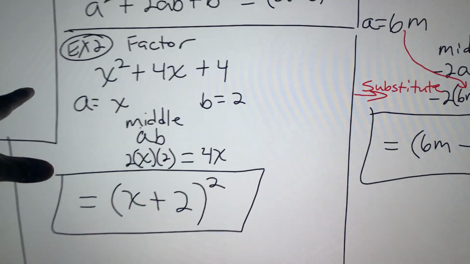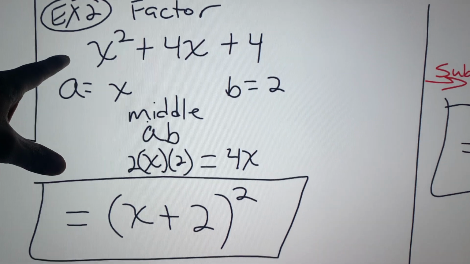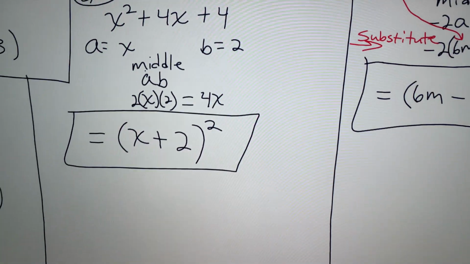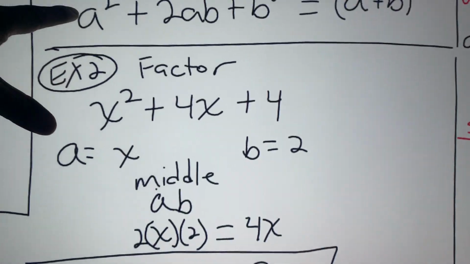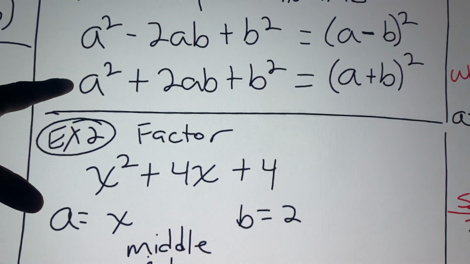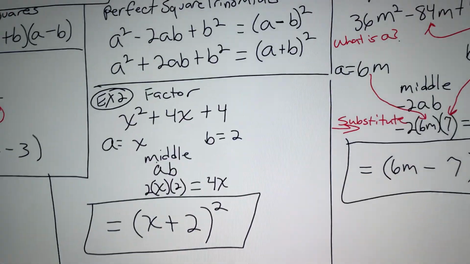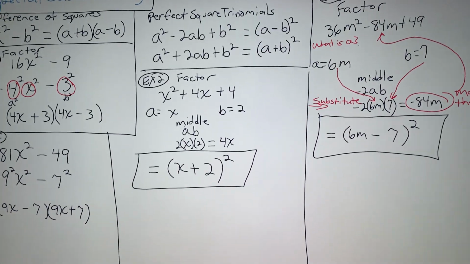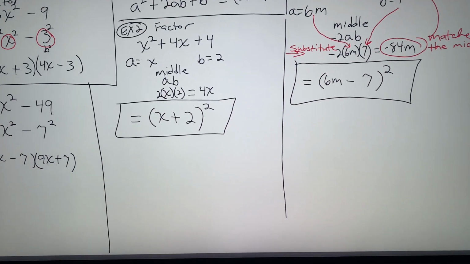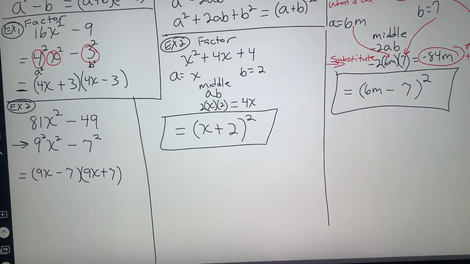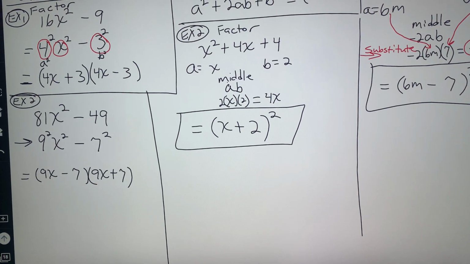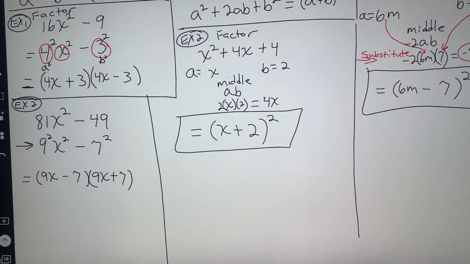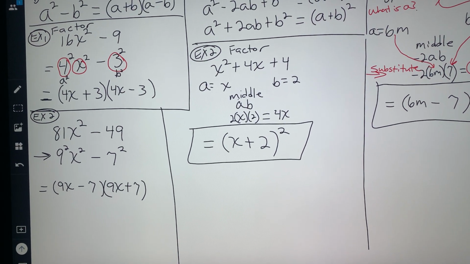So now the example that we were given is x squared plus 4x plus 4, which is going to be more like this second part here. And we use that rule to factor it out. We look at the first term, which is a.